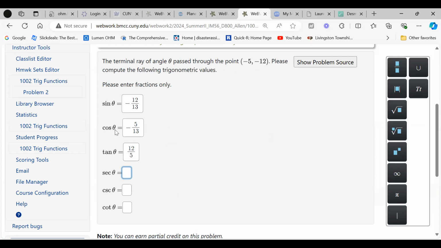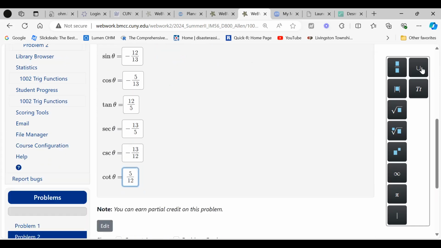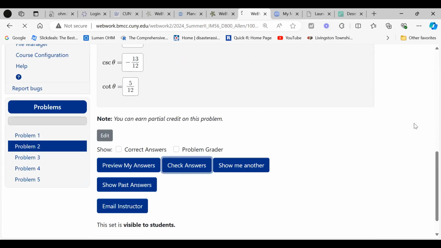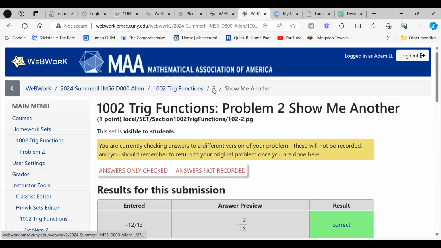And secant is reciprocal cosine, so it's -13 over 5. Cosecant is reciprocal sine, -13 over 12. And then cotangent is reciprocal tangent, so it's 5 over 12. So that's all the answers. Okay. Any question about this?